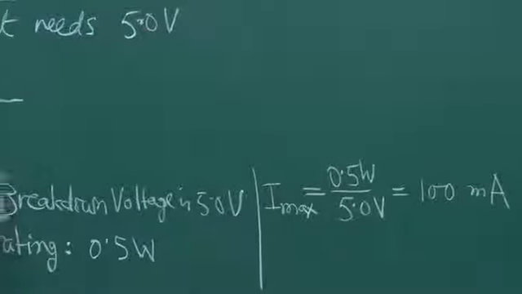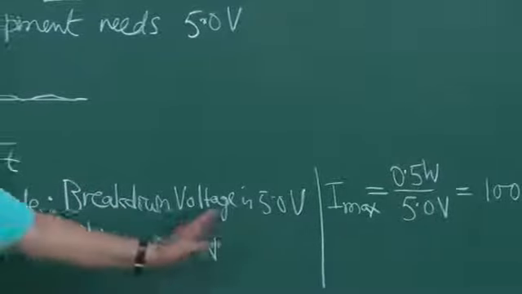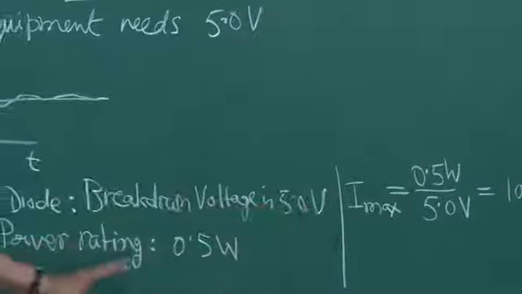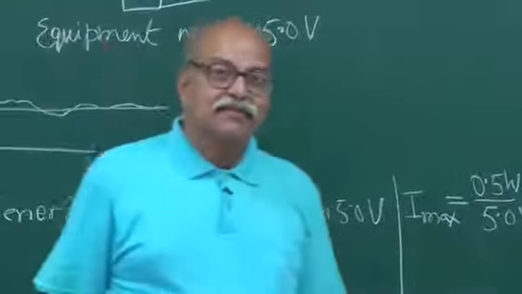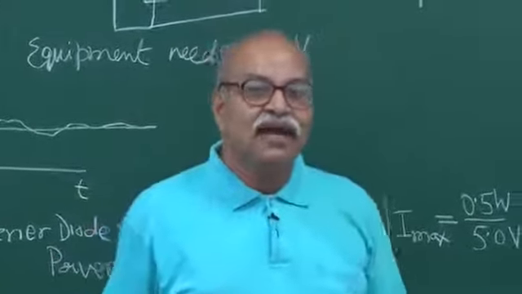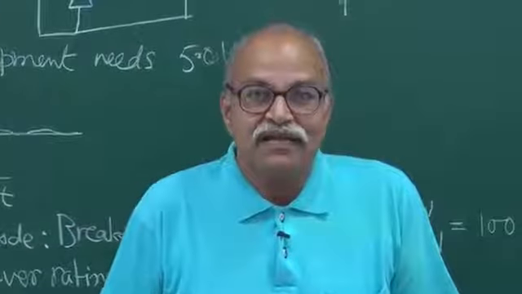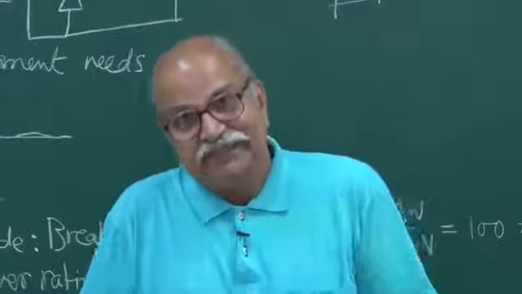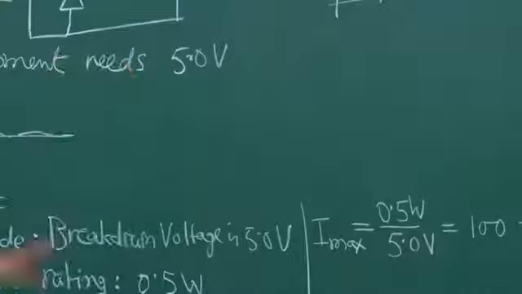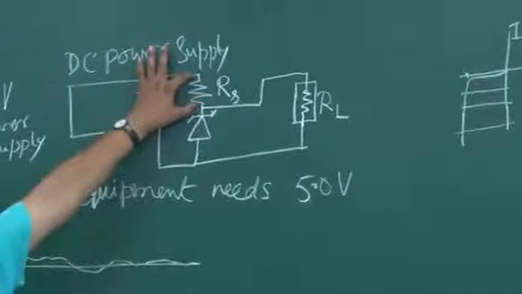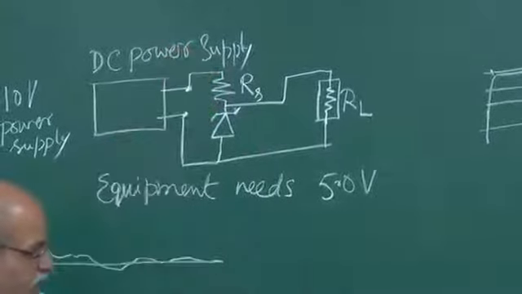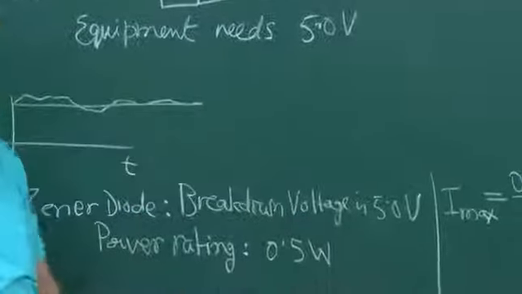So if the breakdown voltage is 5.0 volt and power rating is 0.5 watt, you are requested not to send more than 100 milliampere current in this Zener. So this resistance RS is put to ensure that the current is not more than 100 milliampere.